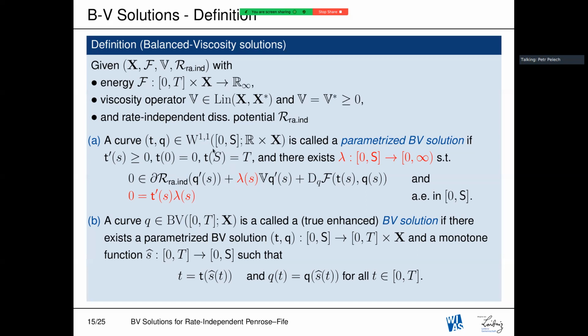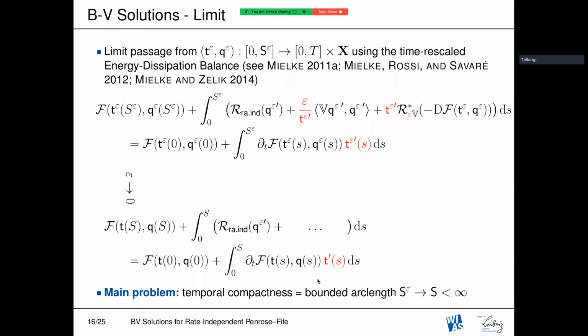And given this extended solution, we can by projection introduce the so-called enhanced PV solution. We just throw some information away if we want. How does this work? If one introduces this parameterization, then we just rewrite the energy dissipation balance using the arc length.